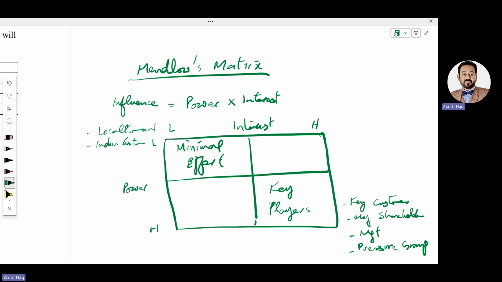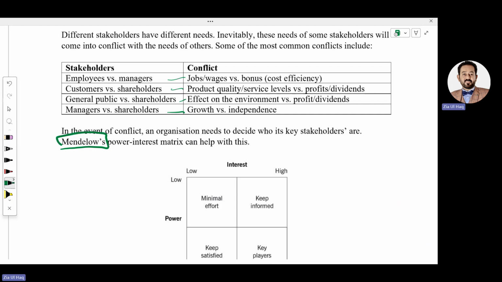And those stakeholders who are having high power but low interest in the organization will be called keep satisfied. Who are they? Government. Bank.